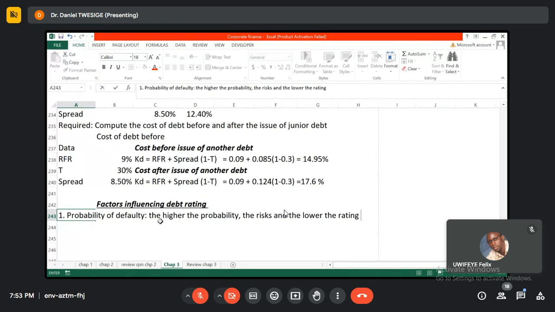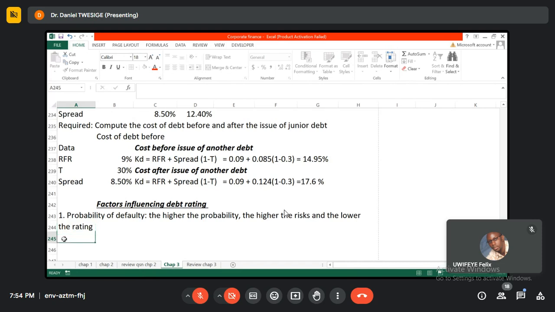The higher the risks, and the lower the rating.